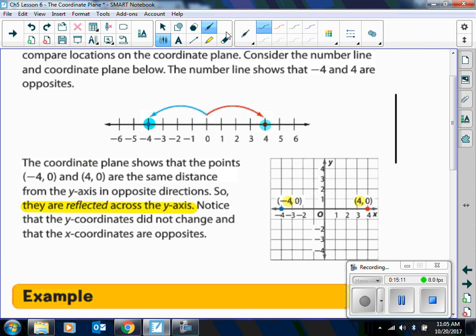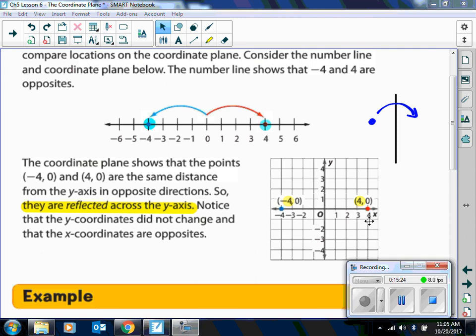If I have a point over here and I want to reflect it over the y-axis, which way is that point moving? Is that moving left to right or up and down? Left to right.